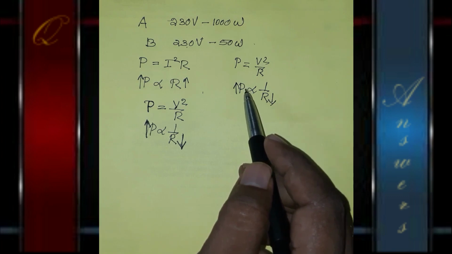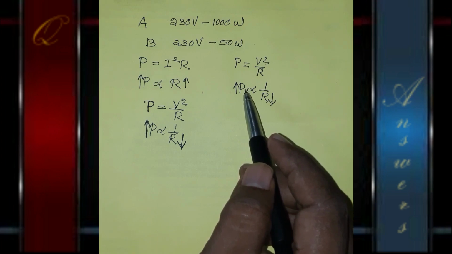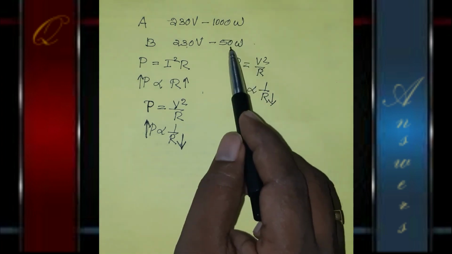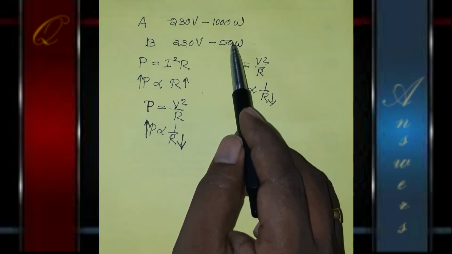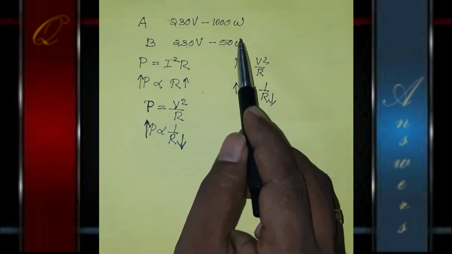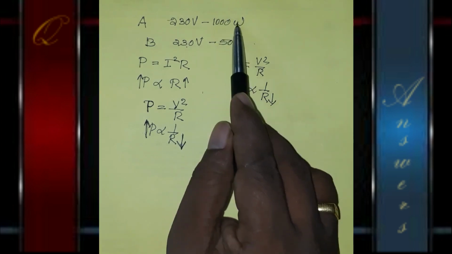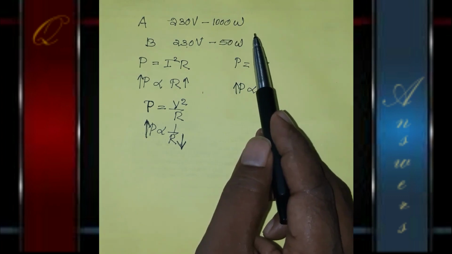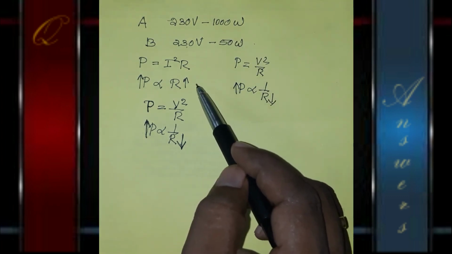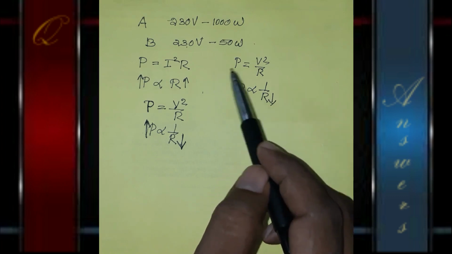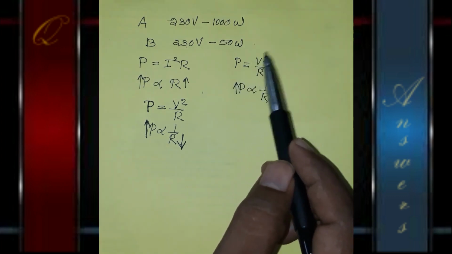If a 1000 watt device and a 50 watt device are operated in a household circuit, the 1000 watt device will be consuming more electrical energy. But the situation will be different in case of series connection, which is not used in household circuits.